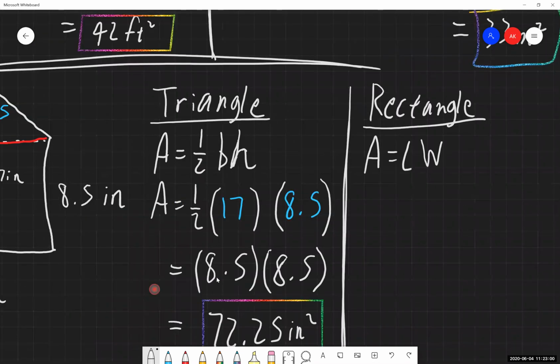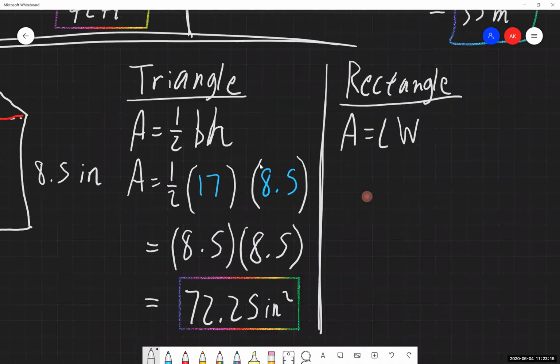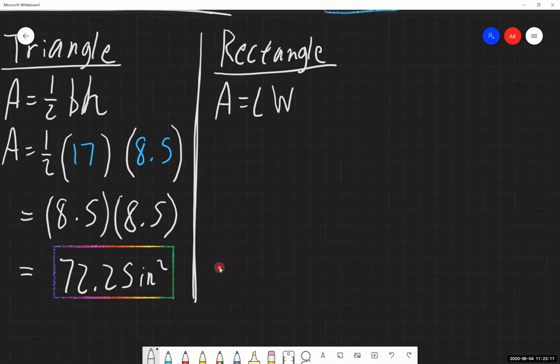Looking back at the picture, I have a length of 17 inches and a width of 8.5 inches. So I'm plugging each of these in and solving for the final answer there. So the area length, we'll put that in blue, stay consistent.